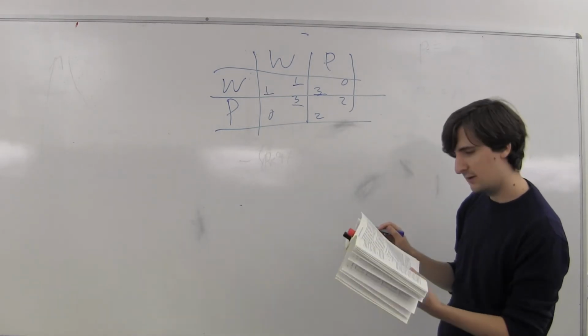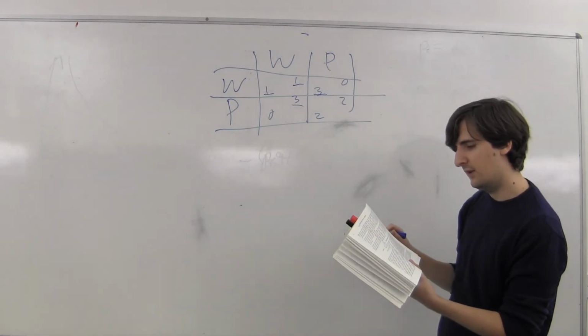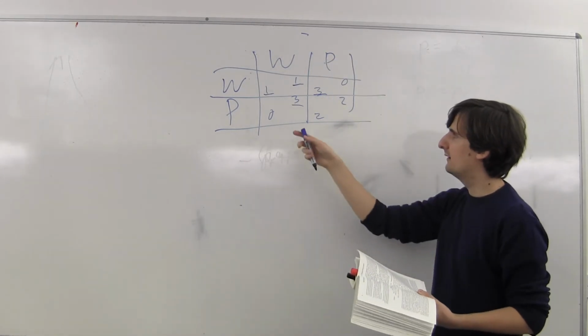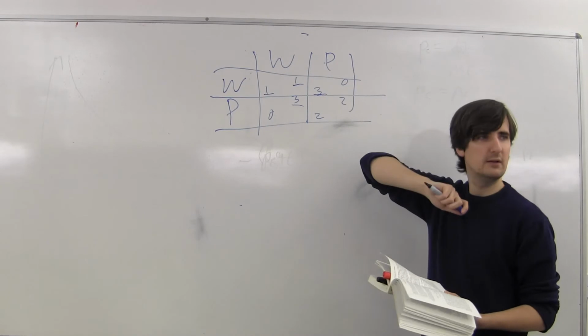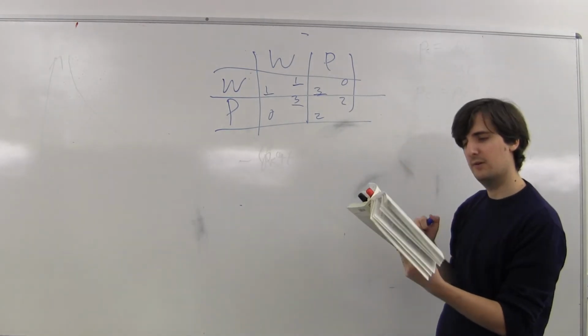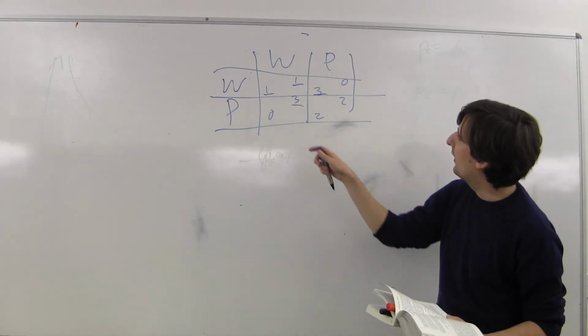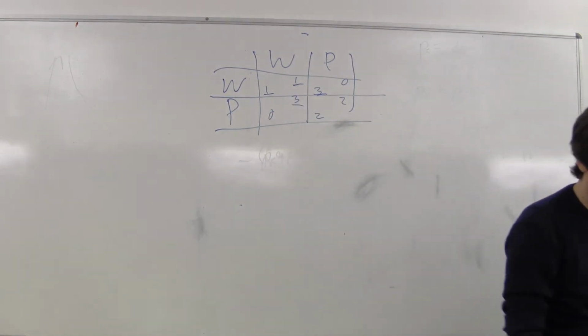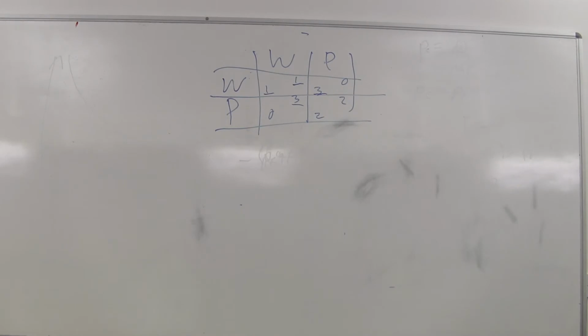So the best response function for the column player is to always play war as well. This is just a prisoner's dilemma, isn't it? So here the Nash equilibrium is war. Yeah, that wasn't very interesting. We'll grab the next one. Table 2.3.